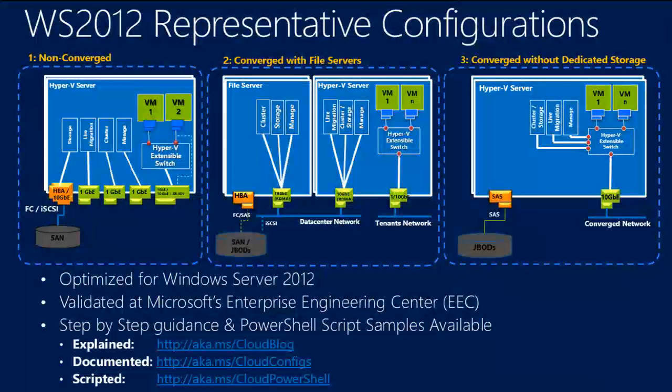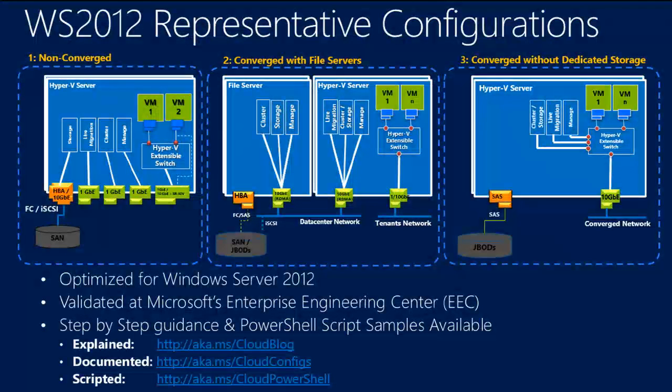The key thing to note about them is that really they took 3 different approaches. Because Windows Server enables you to do so many different variations of how to build the infrastructure, these 3 were selected to highlight the features through 3 different variations. One is, if you've been doing the Windows Server 2008 R2 thing, which is physical separation of networks, then you probably would go with number 1 and understand how to do it with Server 2012.